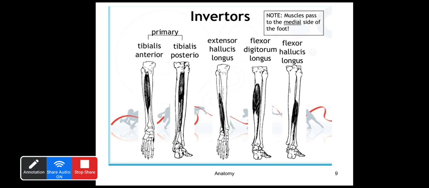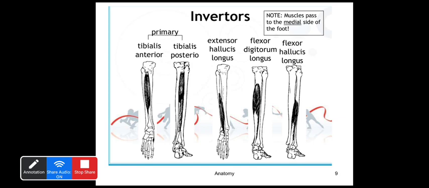What are the muscles responsible for these movements? Coming to the inversion, the chief invertors of the foot: we have the tibialis anterior, which is very important, the chief inverter of the foot, and of course the tibialis posterior. So mainly tibialis anterior, assisted by these muscles: extensor hallucis longus, flexor digitorum longus, and flexor hallucis longus.